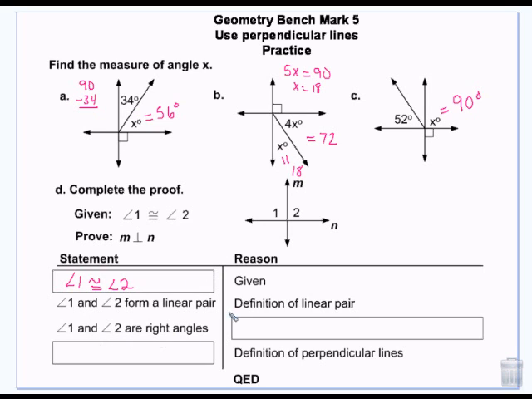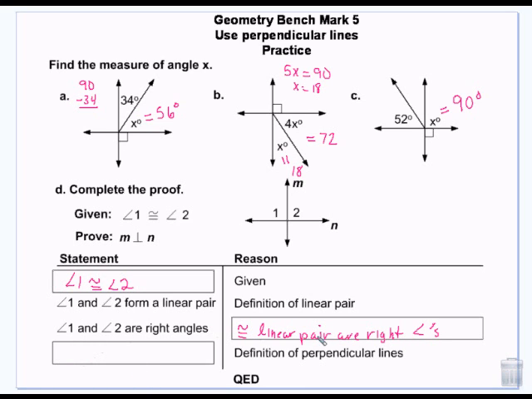They're right angles because congruent linear pairs are right angles.